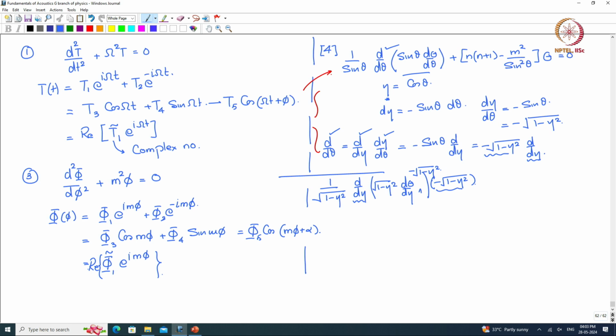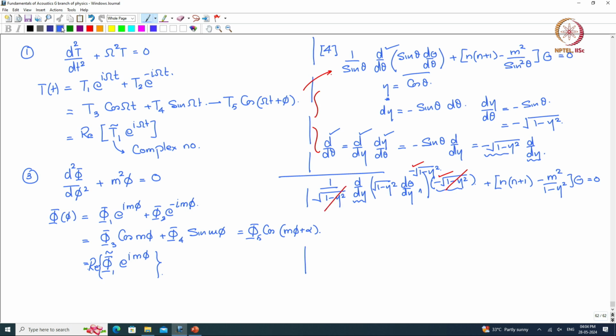Okay, plus n into n plus 1 minus m square by 1 minus eta square into theta equal to 0. Okay. So now there is a negative here, there is a negative here and a negative here, that will go. And there is a 1 over eta square here that goes with this.